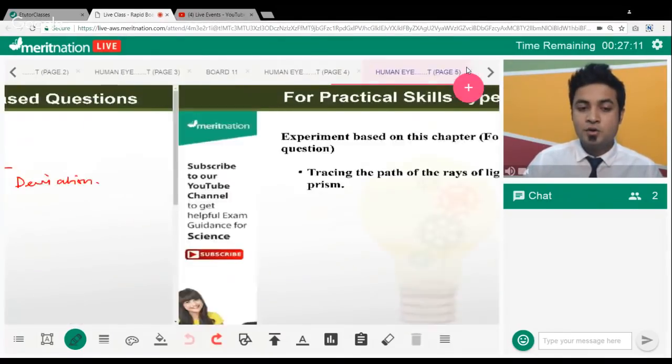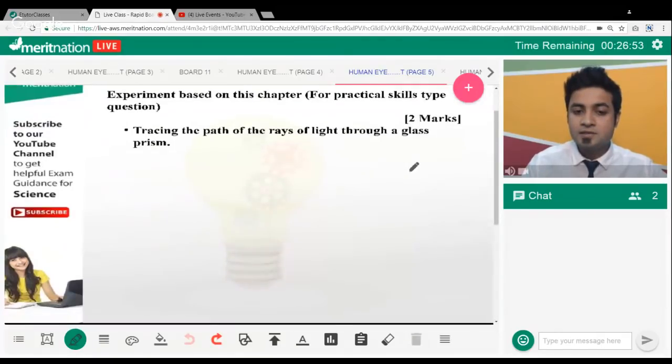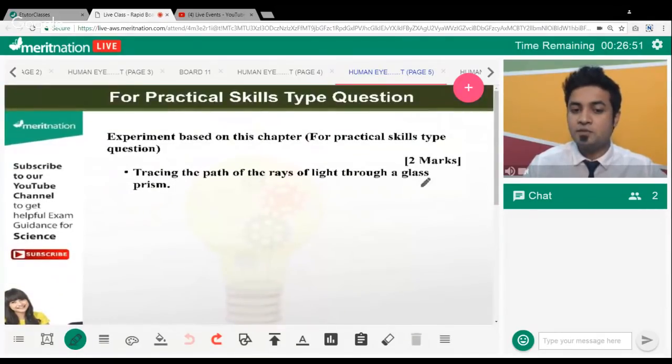Now if we talk about the practical skill, if you see this chapter from a practical perspective, some experimental based questions may come also. This question was asked in CBSE itself, and it was of 2 marks. Tracing the path of the rays of light through a glass prism.